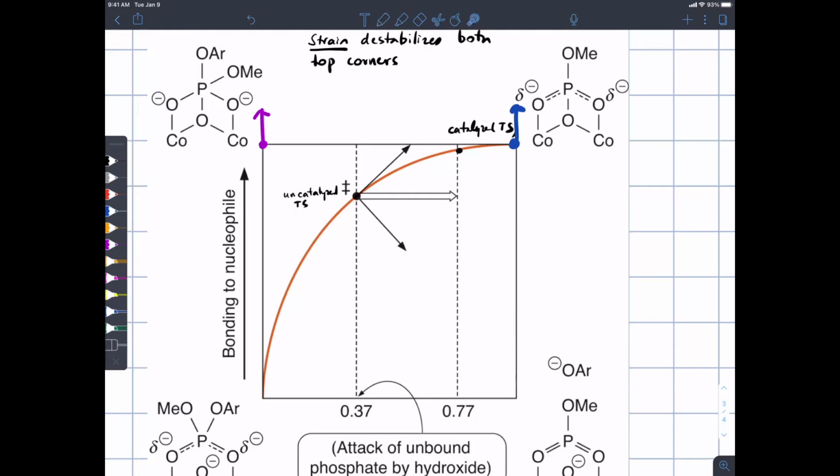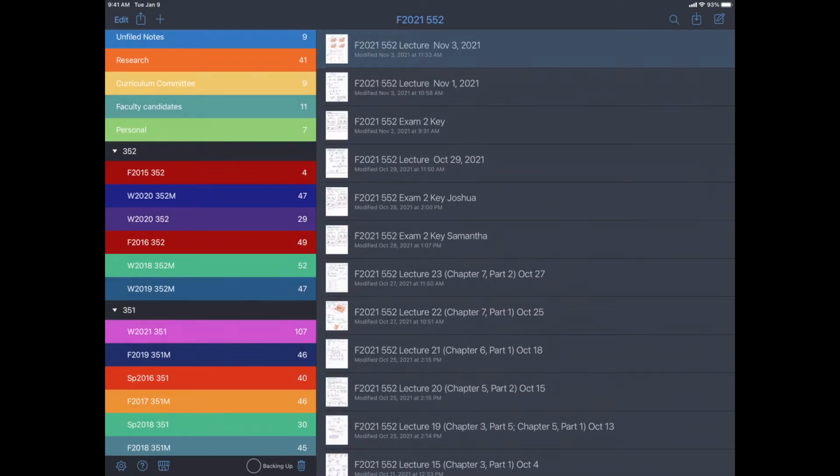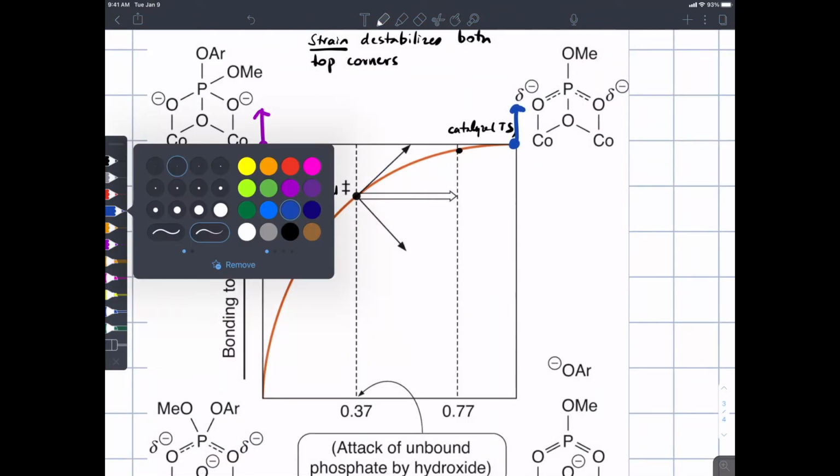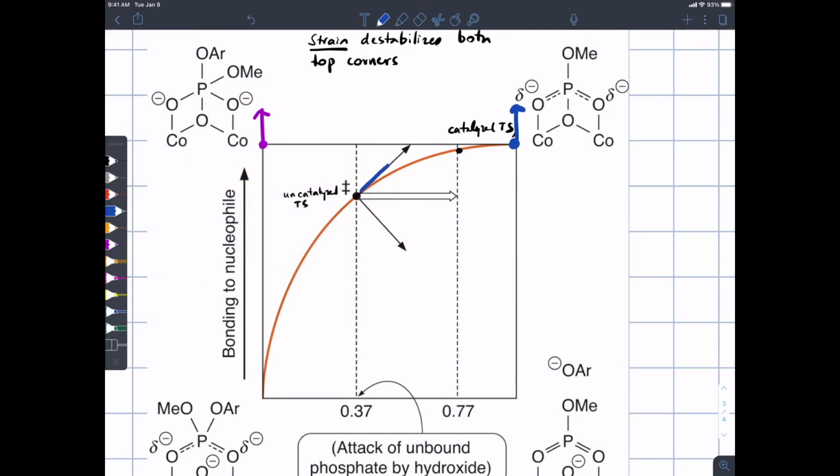Well, here's the corner that lies along the reaction coordinate. If we raise this corner in energy, what would that be predicted to do? Well, that should move the transition state along the reaction coordinate in this direction.